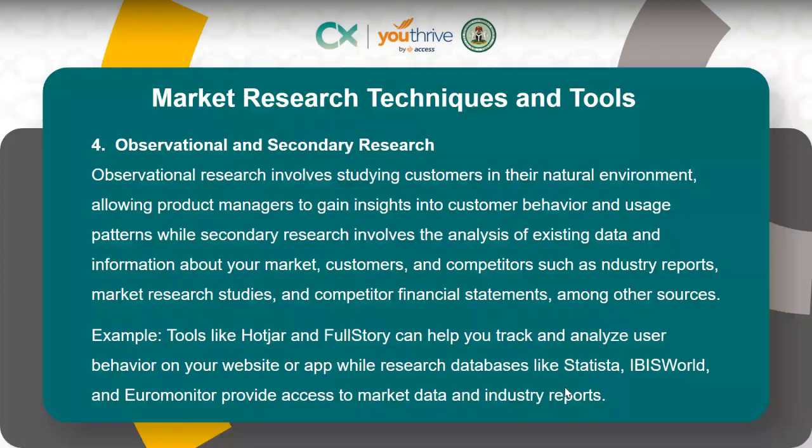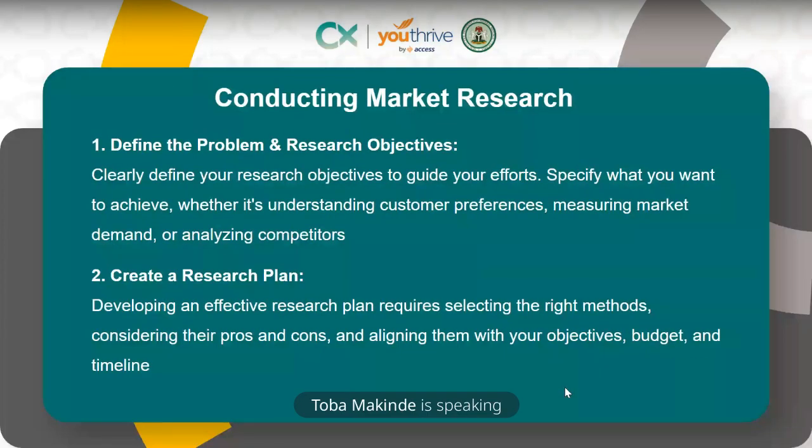All right. So how do you go on to conduct market research? First of all, you have to define your research objective to guide your efforts. Know what you really want to research. Specify what you want to achieve, whether it's to understand customer preference, measure market demand, or analyze competitors.